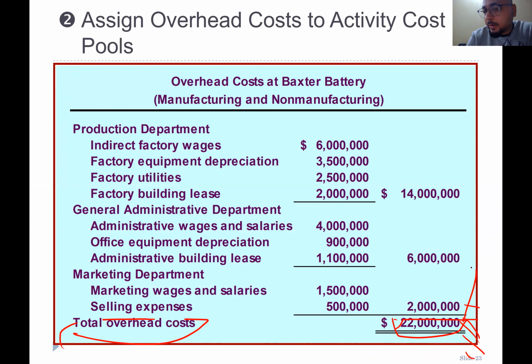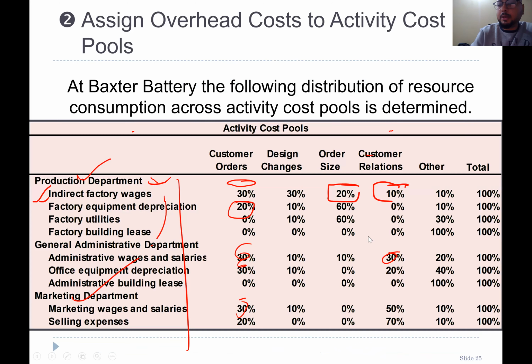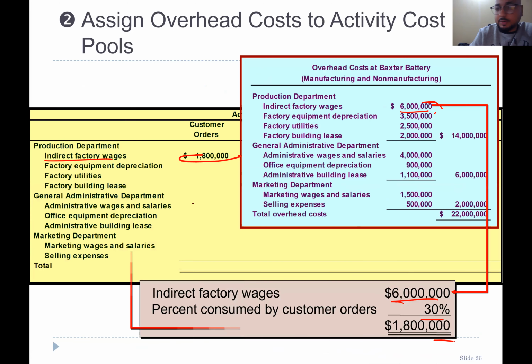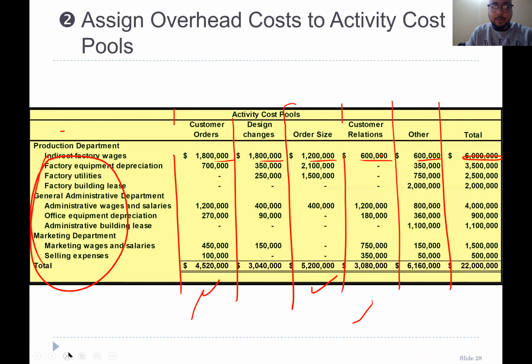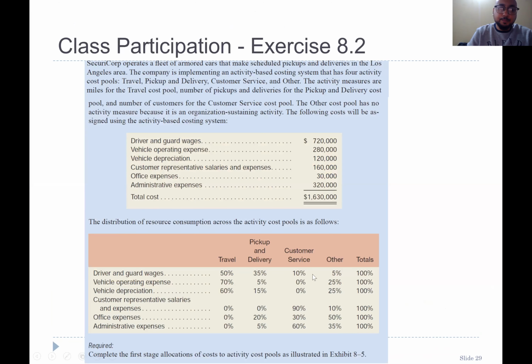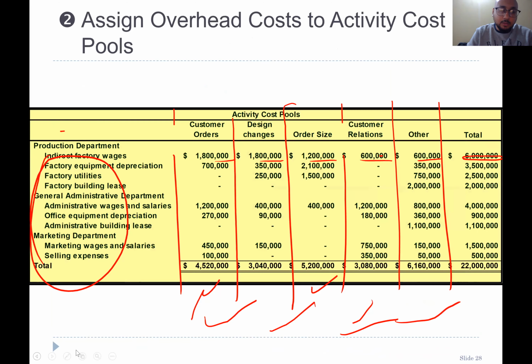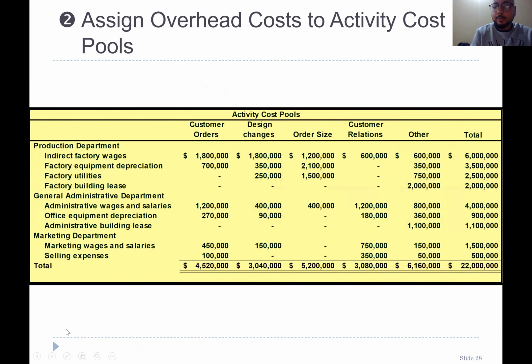And different cost activities, and we have the cost pool. Now, the first stage allocation is to find out the value of each activity. Lucky you, you will be given these percentages, and all you need to do is find out the values here. Values are given here. So we are at the stage of finding the total cost pools. Here we go. So we have found out the cost pools here: customer order, design changes, order size, customer relation, and others.